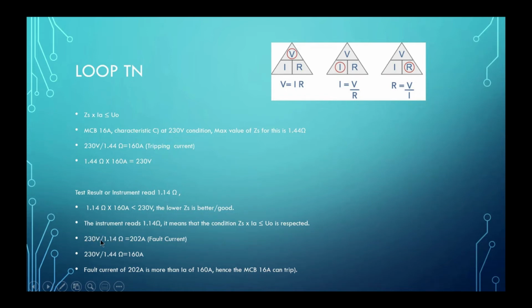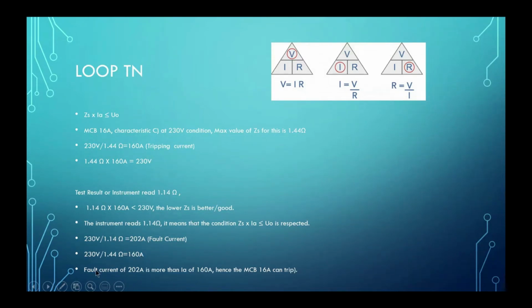Then 230 is fixed, so you get 202 amps fault current. This 202 amps is higher than the tripping current of the MCB 16 amp you are using.